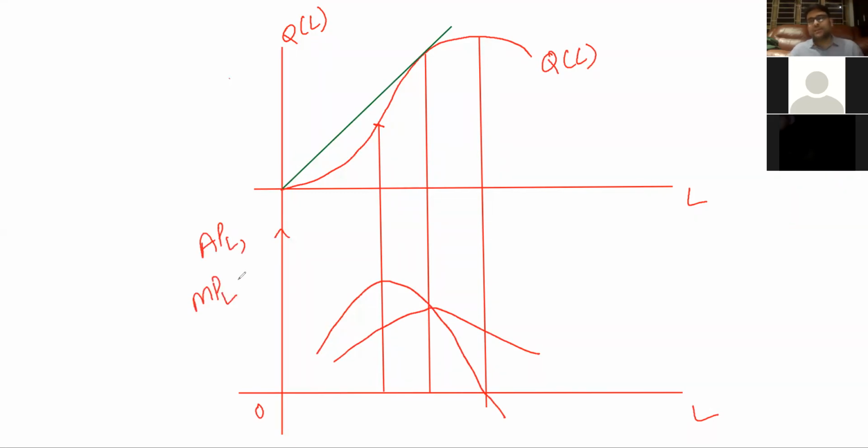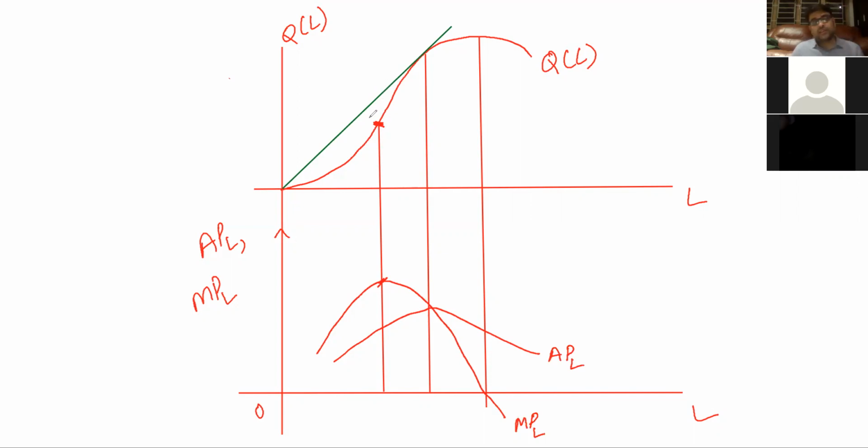You can see that in the production function, the slope is firstly increasing, achieves a maximum, and then it is falling. So this point of inflection, where the curve goes from convex to concave, is the maximum slope that is achievable, and hence my marginal productivity of labor will be maximum at this particular point. This curve is my MPL and this curve is my average productivity of labor.